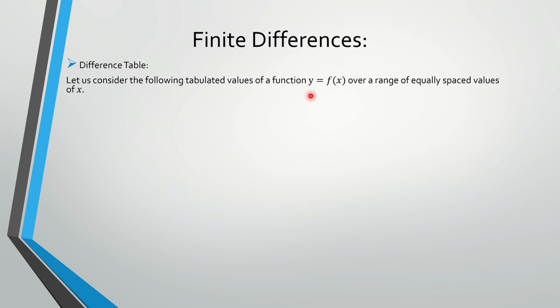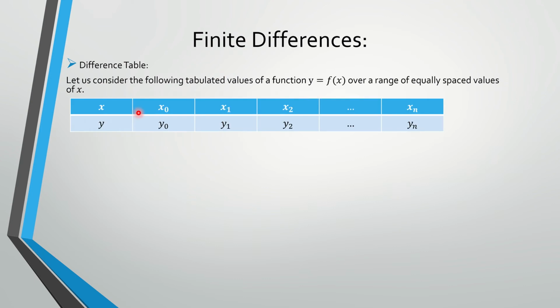Okay, so let's suppose we have a table like that for values of x: x0, x1, x2 up to xn, keeping in mind that all these values of x will be equally spaced, meaning x1 minus x0, x2 minus x1 and so on will all be the same.